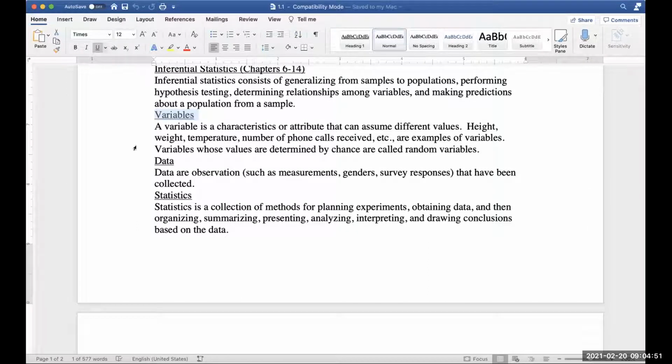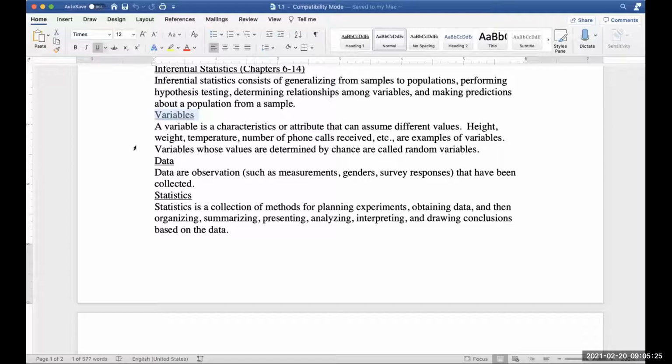So first off, a variable. I will give a preliminary definition of variable. Next week or the week after, I will be giving a more formal definition of what it means to be a variable. So this is my first stab before you know anything.